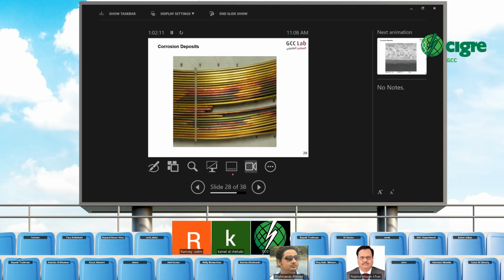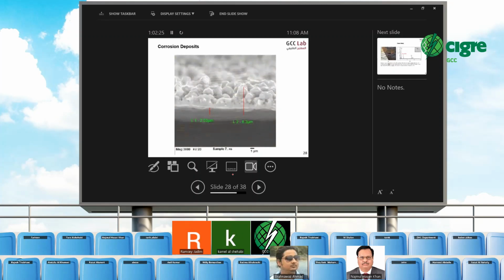We got very, very important results. We found where it comes from and how to solve it also. This is one of the corrosion deposits.